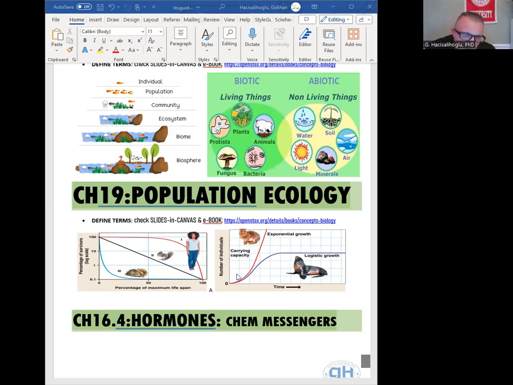The next one is logistic growth, like you see in seals. There is a limited environment, but also a maximum population size, which is also called carrying capacity. You can see here carrying capacity is this point here.